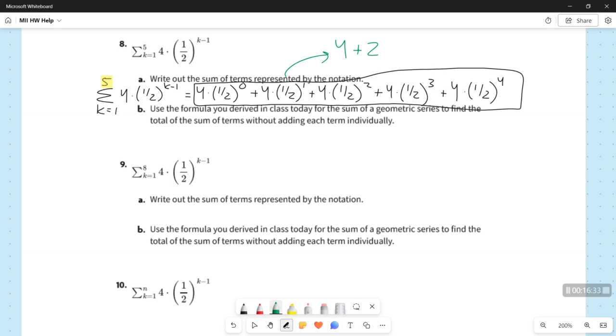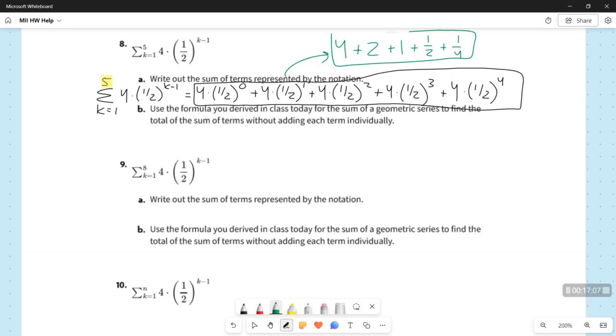For my third term, 1/2 squared is 1/4, and 4 times a fourth is 1. For my fourth term, 1/2 cubed is 1/8, and 4 times 1/8 is 4 over 8, which simplifies to 1/2. And finally, 1/2 to the fourth power is 1/16. 4 times 1/16 is 4 over 16, which reduces to 1 over 4.